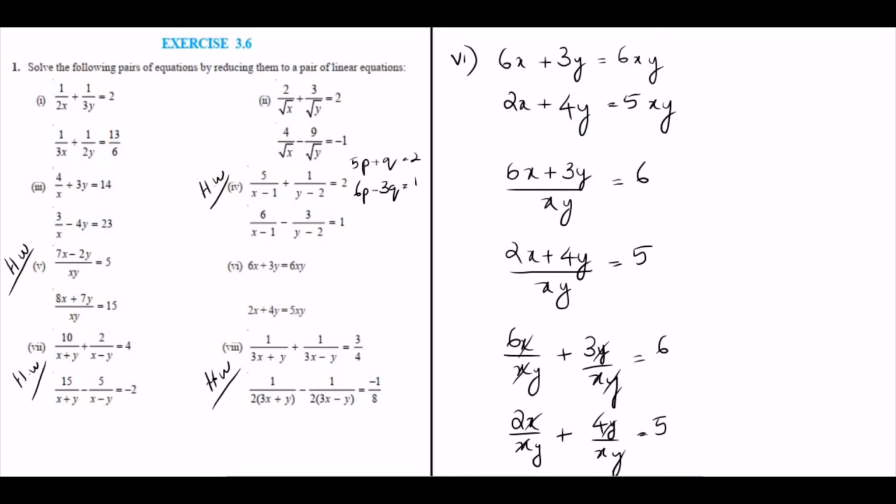So in place of 1 by y, replace p, and in place of 1 by x, replace q, and then find out the solutions. So all these are similar questions. That is why I have not done the solutions. You can do by yourself and practice, as these are easy ones.